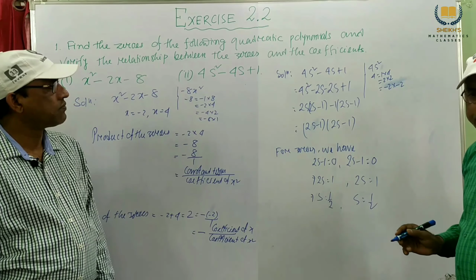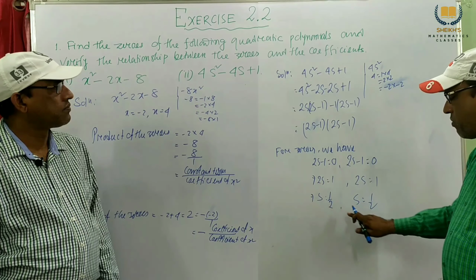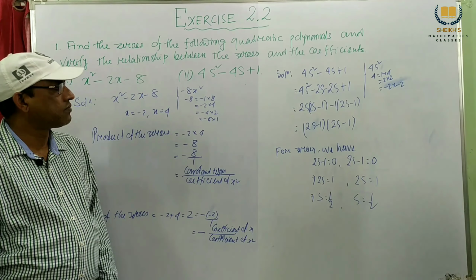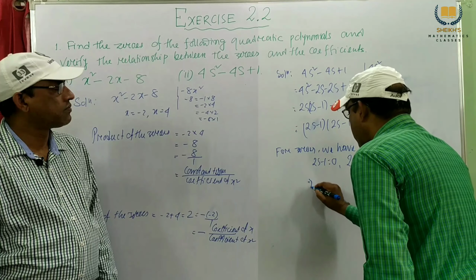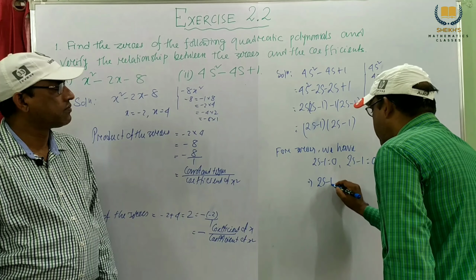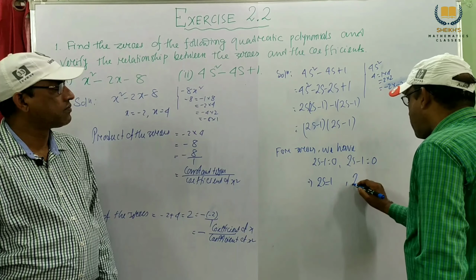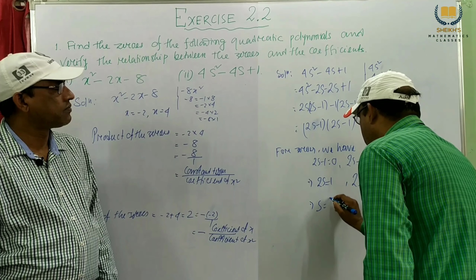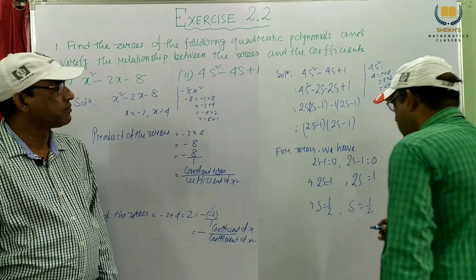So s equal to 1 by 2. Rewriting this, 2s minus 1 equal to 0, 2s equal to 1, or s equal to 1 by 2.